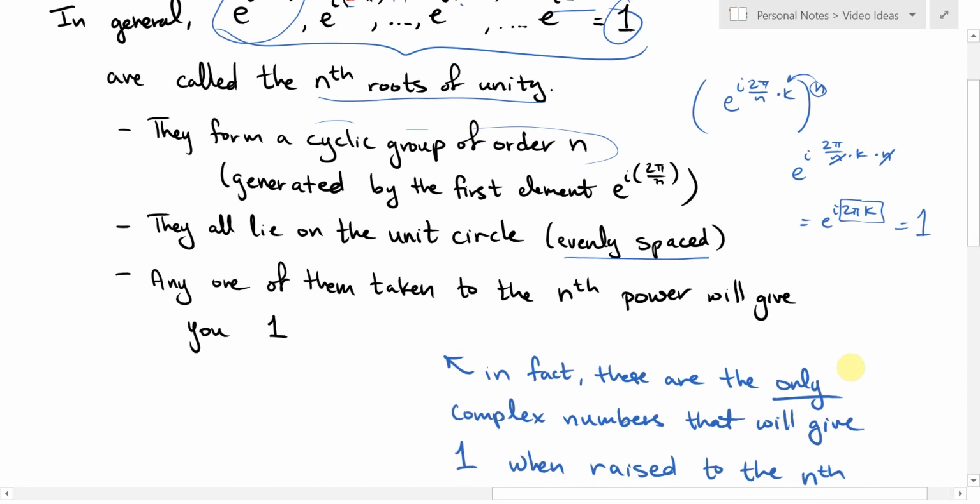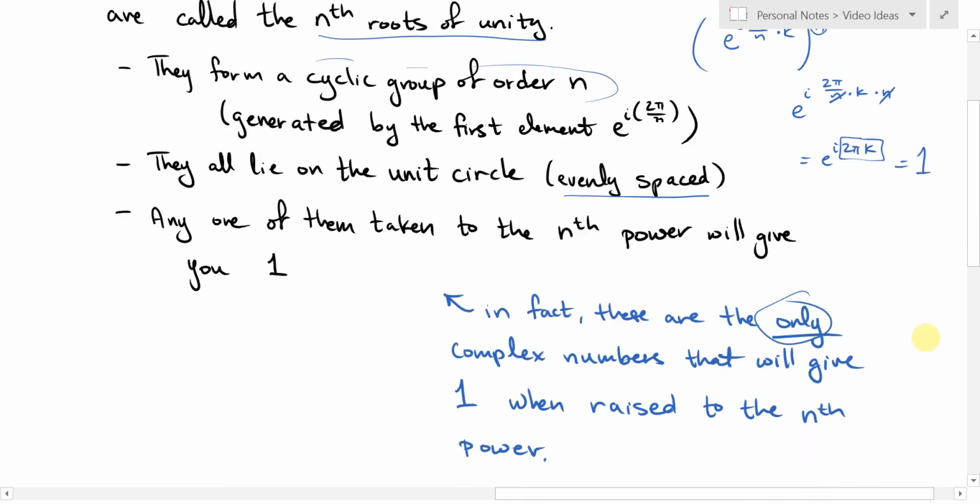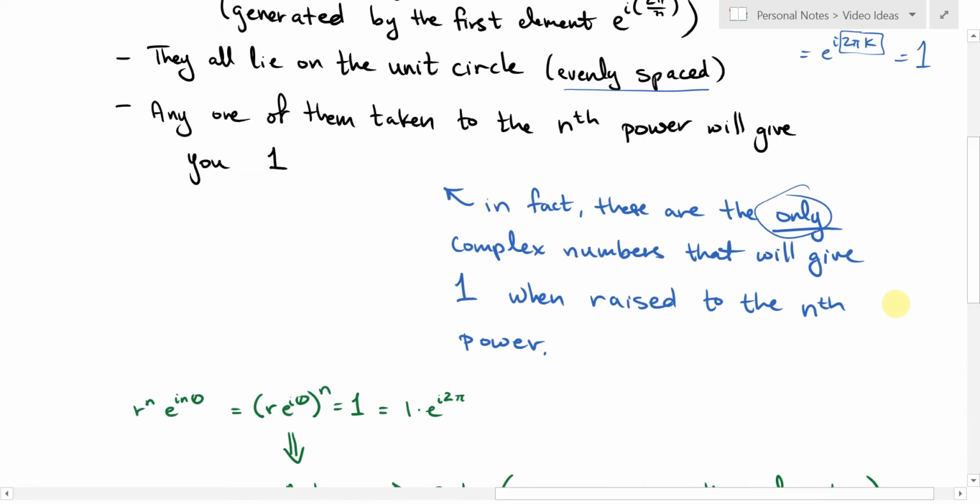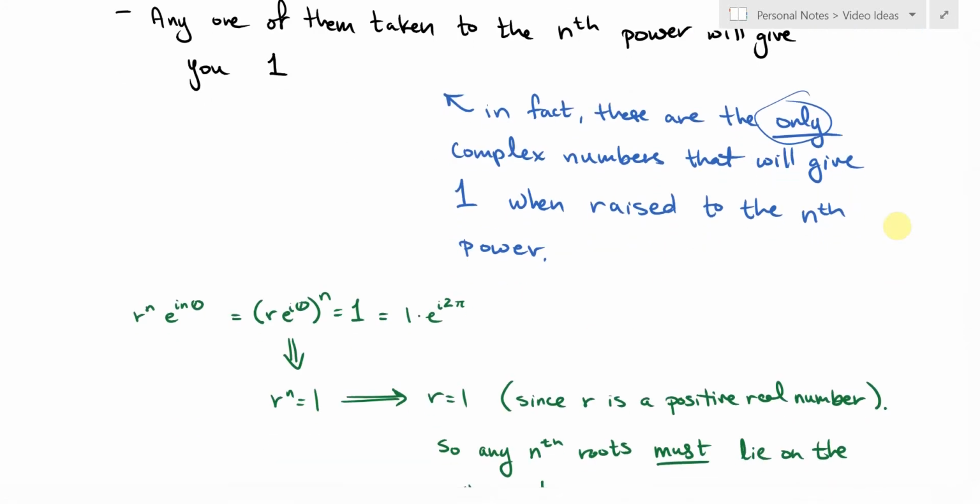And in fact, it turns out that not only are these all nth roots of 1, they're the only complex numbers that will give 1 when raised to the nth power. They're the only nth roots of 1. So here's how you can see that. If we write r e to the i theta as some random number and take it to the nth power and we expect to get 1, well, 1 is equal to 1 times e to the i 2 pi, right? Its length is 1, so there's really no need to put that in.